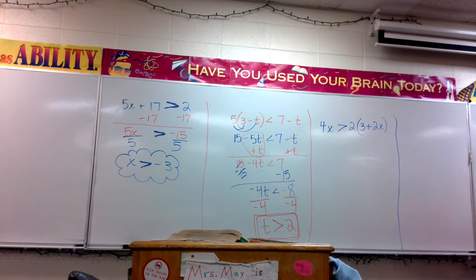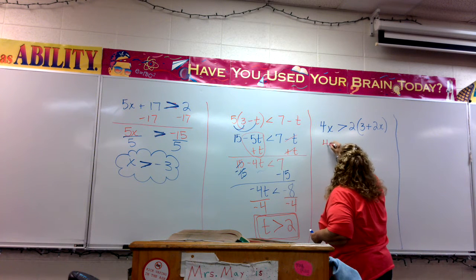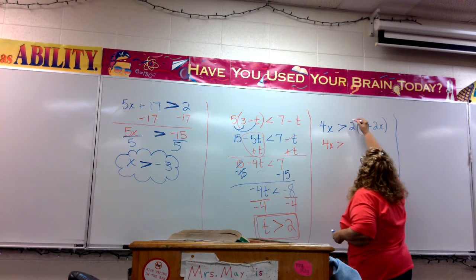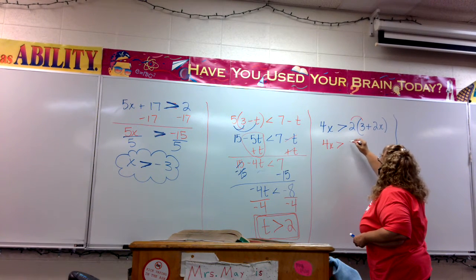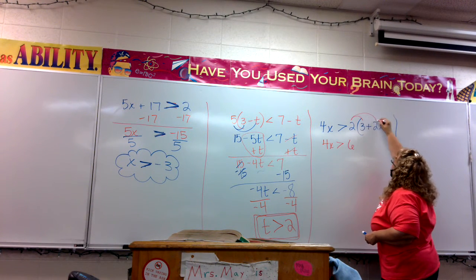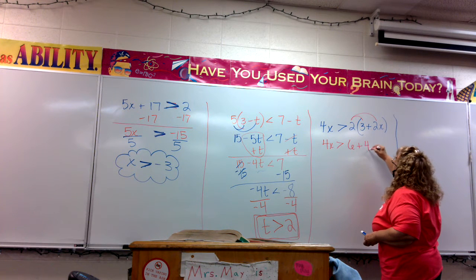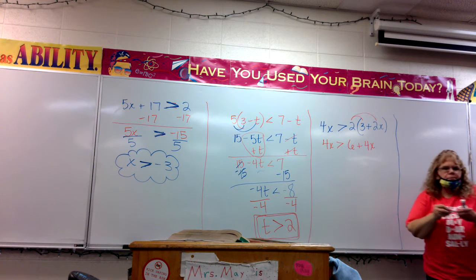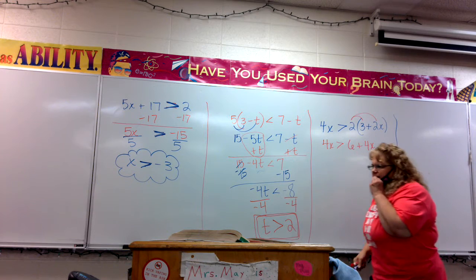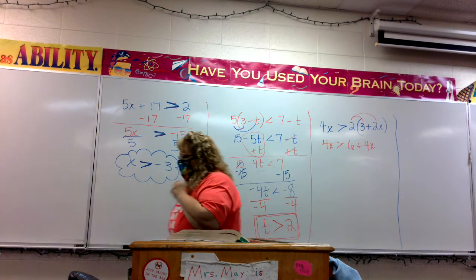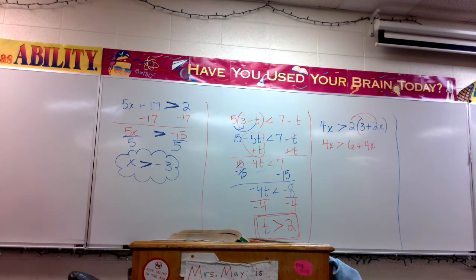What do you do first for this one? Multiply it, distribute. What do you get? 4x. Now, it appears as though I have x's on both sides. Don't I have x's on both sides?